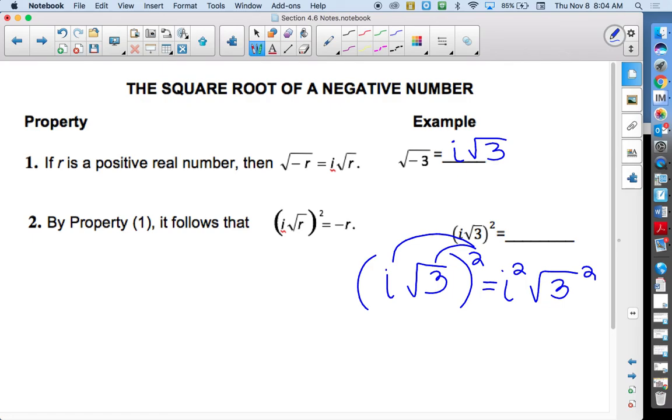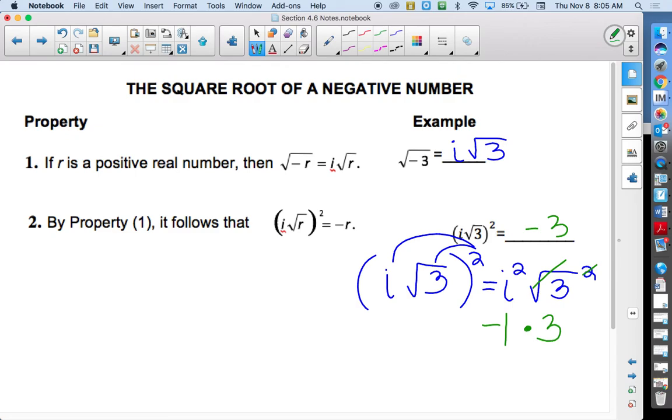So that's really saying we have I squared and the square root of 3 squared. If both things are squared, it's saying that both pieces inside are squared. Well, what happens if you have I squared? What's that equal to? Rebecca? -1. Rebecca, what happens if you have the square root of 3 squared? It cancels and it just becomes?